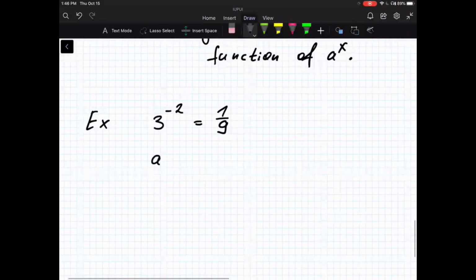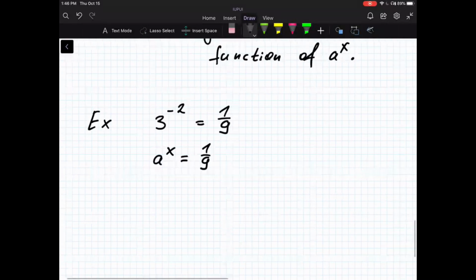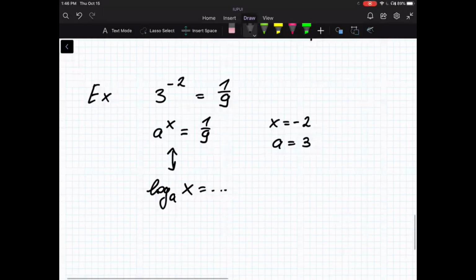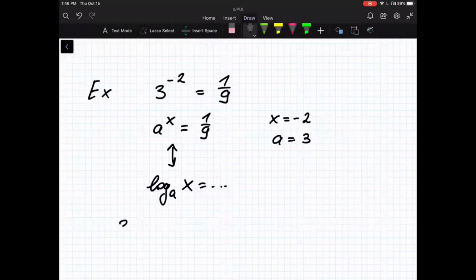We have a to the power x is some number, in this case 1/9. So in our case, x is equal to minus 2 and a is equal to 3. And we want to express it in terms of logarithm base a of y is equal to x.